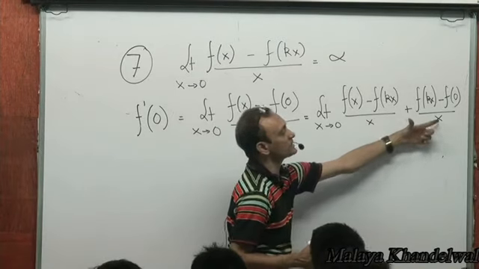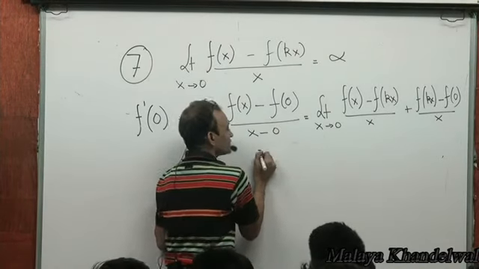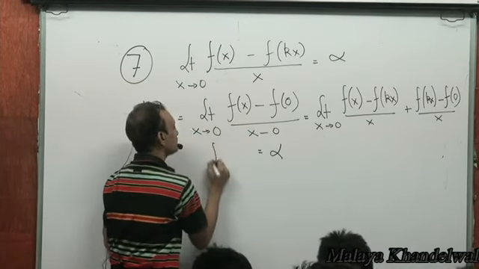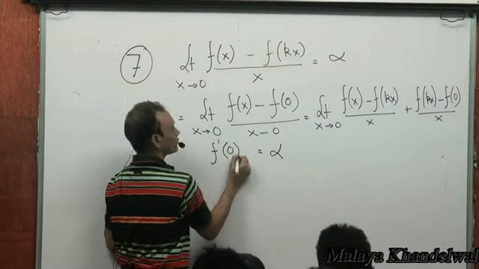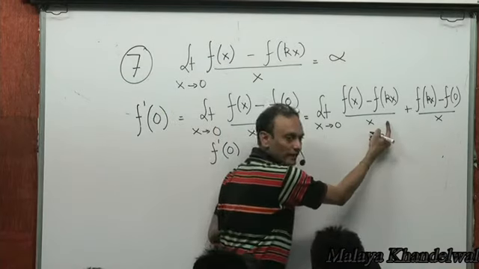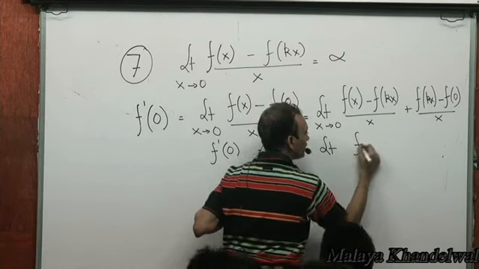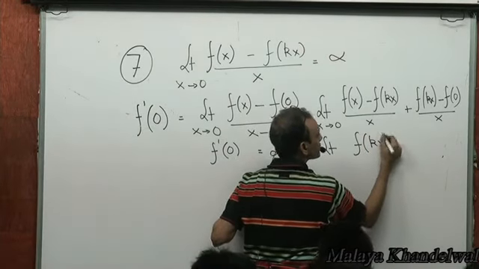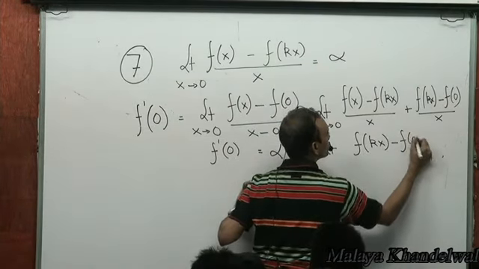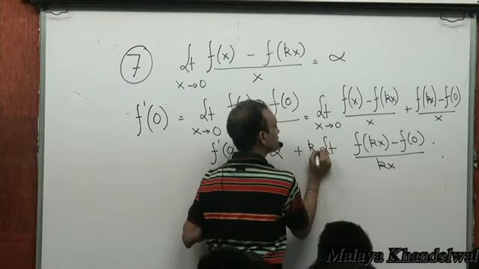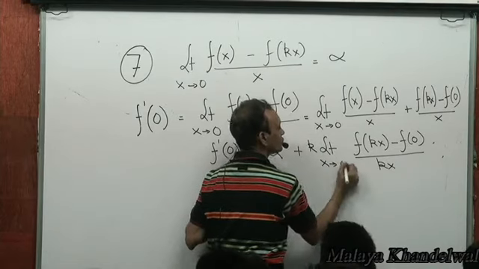This will be limit of this plus limit of this. Now, this first one is alpha, that's given. And all of this is f dash 0. That's alpha plus this would be limit (fkx minus f0) by kx, and I balance it here, as x tends to 0.